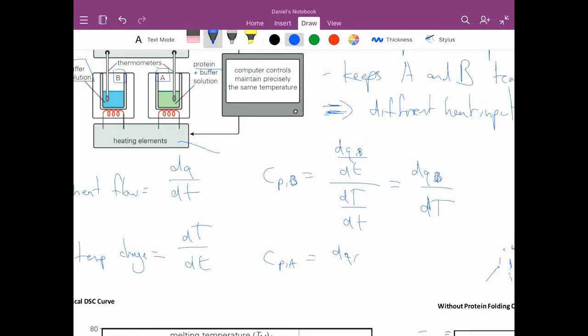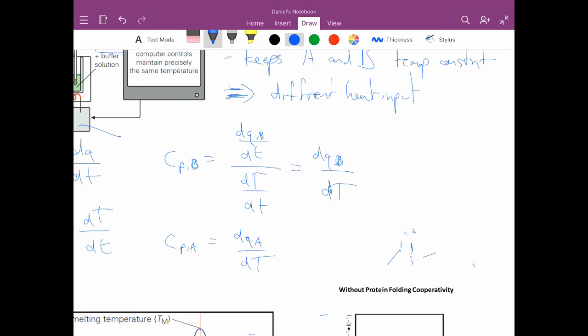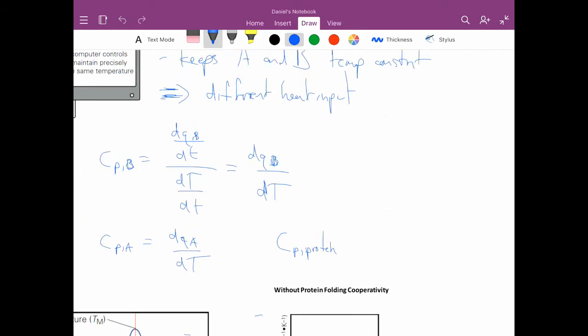And if you want to actually see what the heat capacity of the protein is, you compare the two. Because the solution is also taking up a bunch of heat, but that is not what we're interested in. So the heat capacity of the protein is actually the heat capacity of the A solution, which has the protein in it, minus the heat capacity of the B solution.